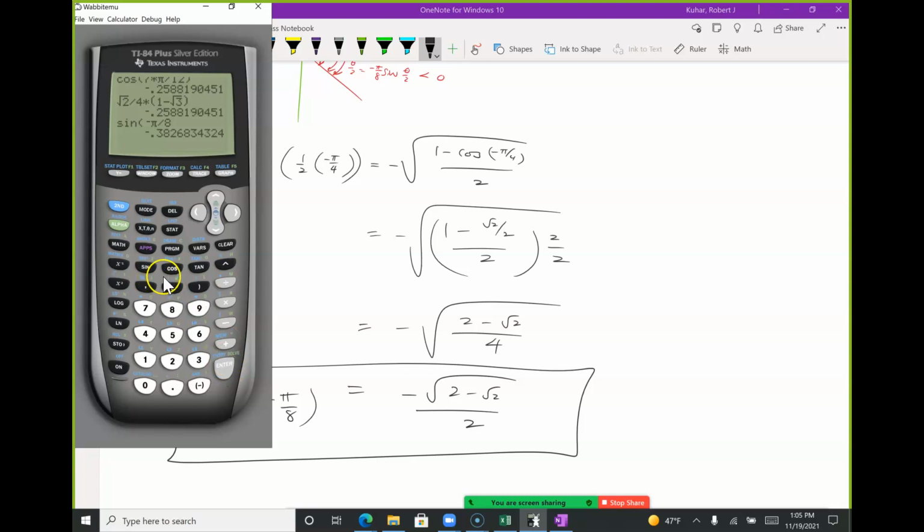And I'll do the solution I got, which was a negative square root of 2 minus square root of 2, all divided by 2. I should get the same decimal, and I do. That's a nice way to check.